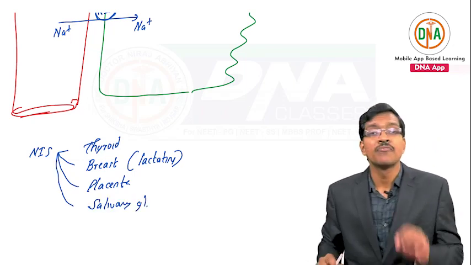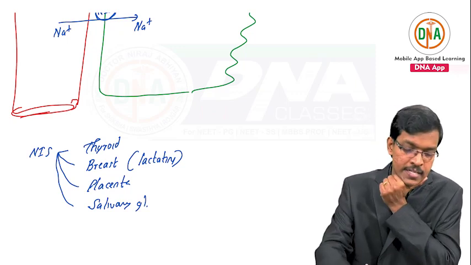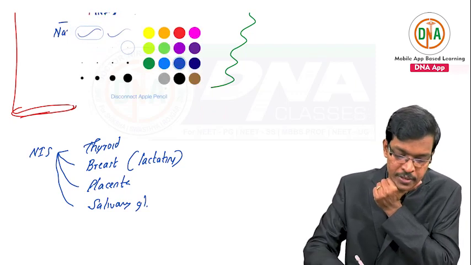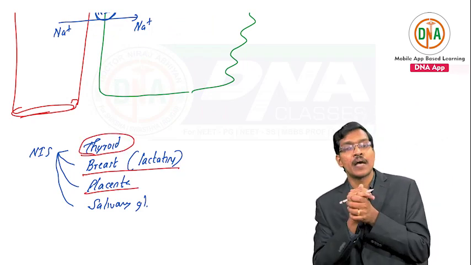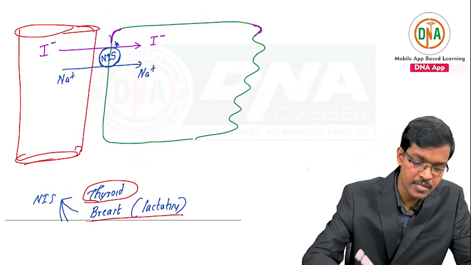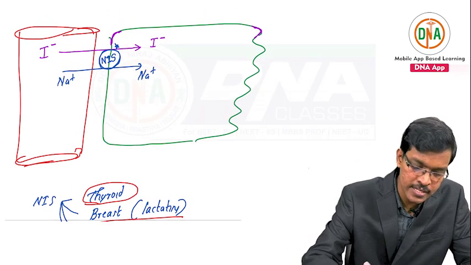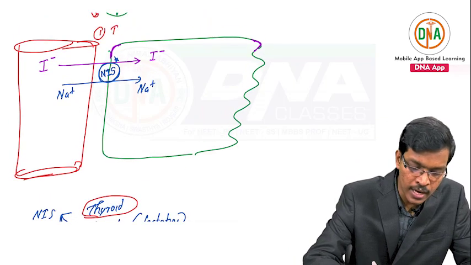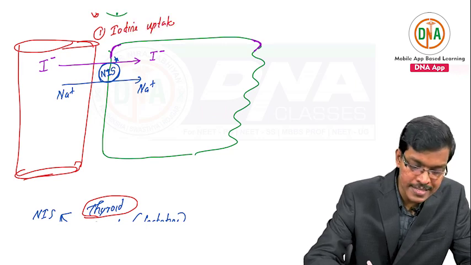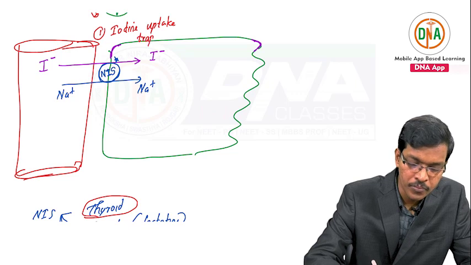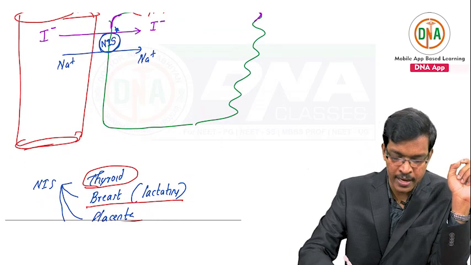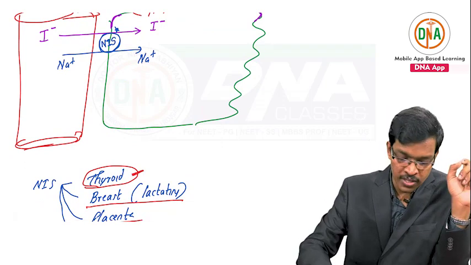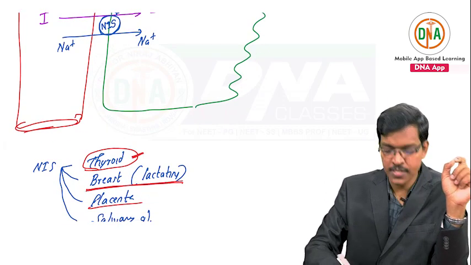So, what is the physiological significance of NIS present in the breast and placenta? In the thyroid gland we have seen, that is for iodine trapping. This first step in the iodine transport is what is known as iodide trapping or iodine uptake. That's the first step in thyroid hormone synthesis. So for that you need NIS in the thyroid gland. So what is the purpose in the breast and in the placenta?